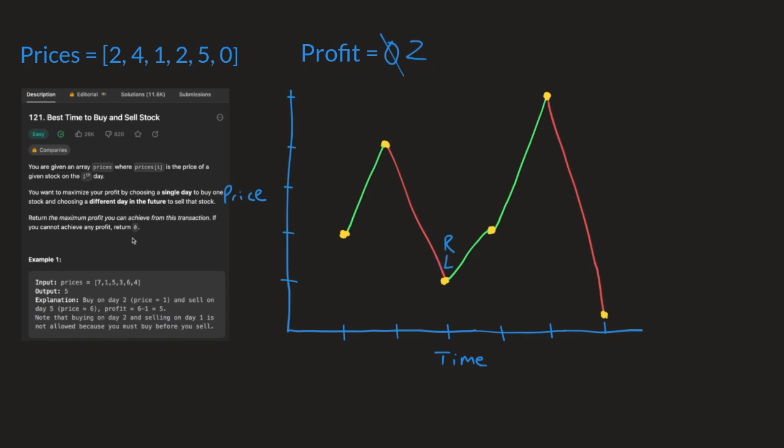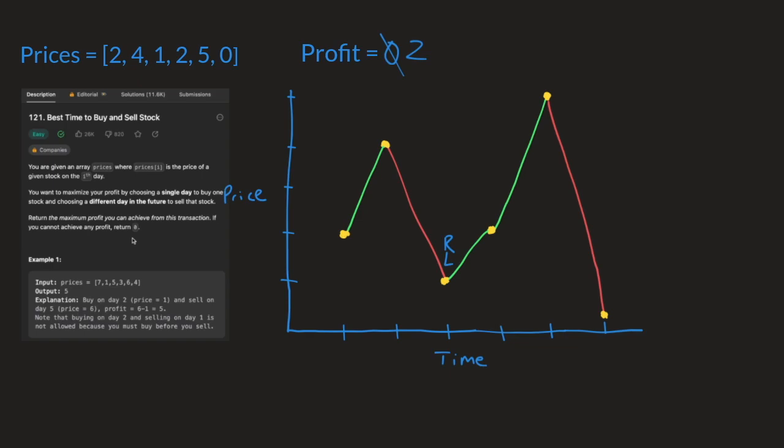And then we don't even check to see if right minus left is greater than profit, because right minus left in this case is going to be less than 0, right? And if it's less than 0, we know that we're not getting a profit. So we don't even want to check if it's greater than the profit, because it can't be greater than 0 if it's negative.